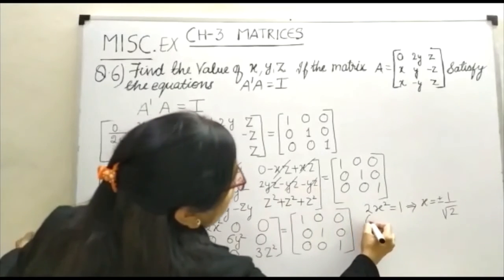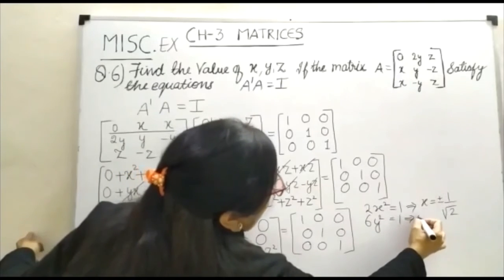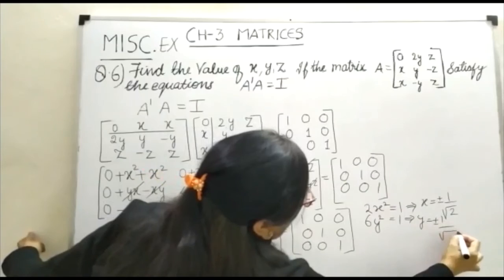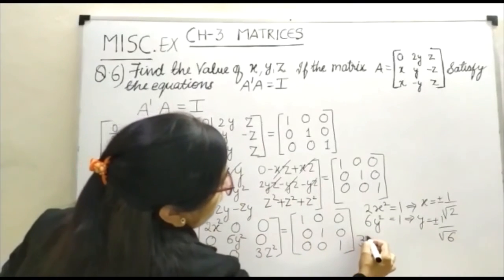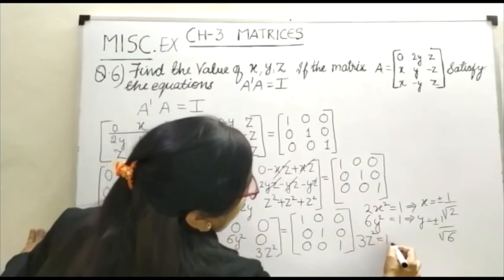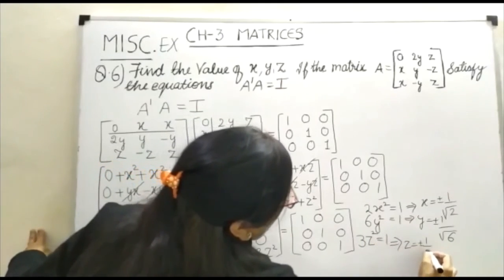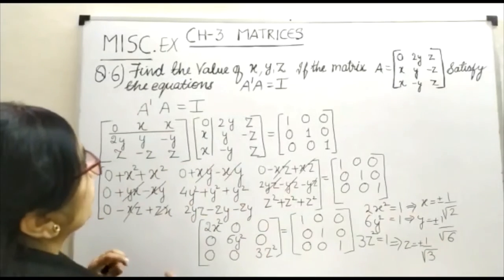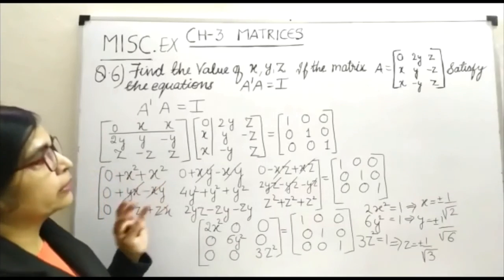Similarly, 6y square is equal to 1 implies y is equal to plus or minus 1 upon under root 6. Now 3z square is equal to 1 implies z is equal to plus or minus 1 upon under root 3. So this is how we have worked out the values of x, y and z.